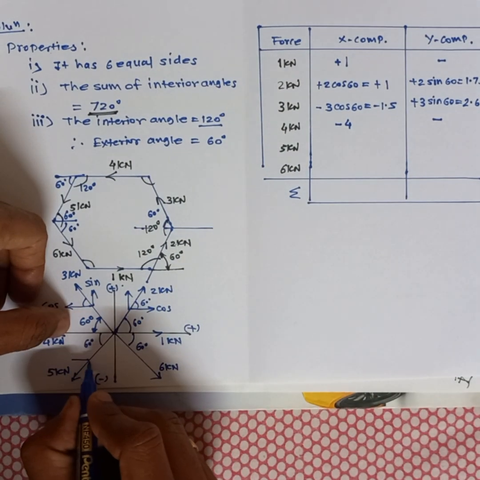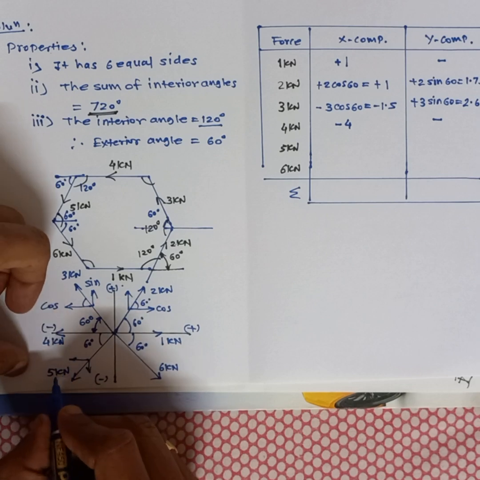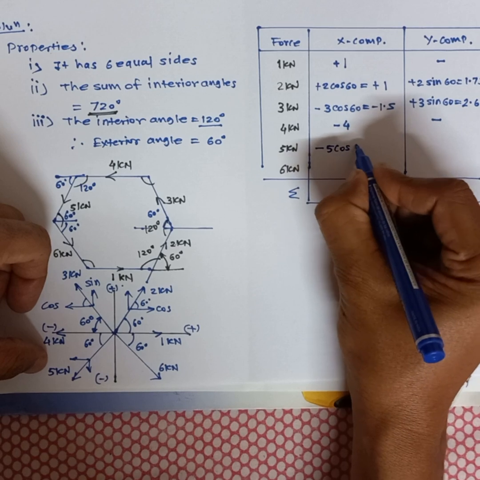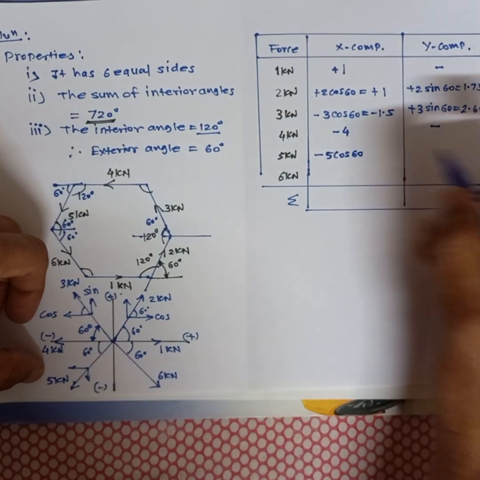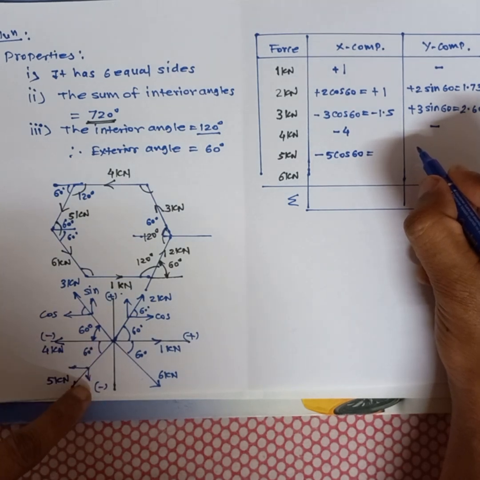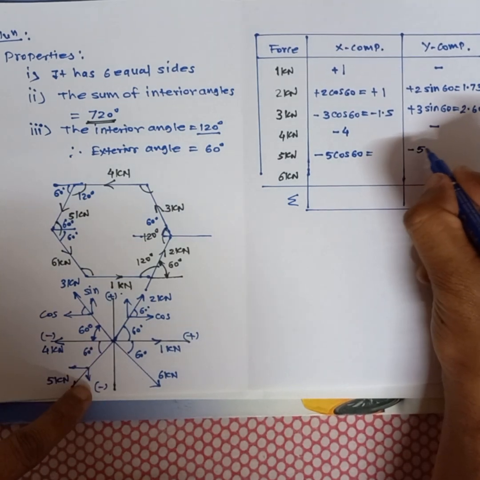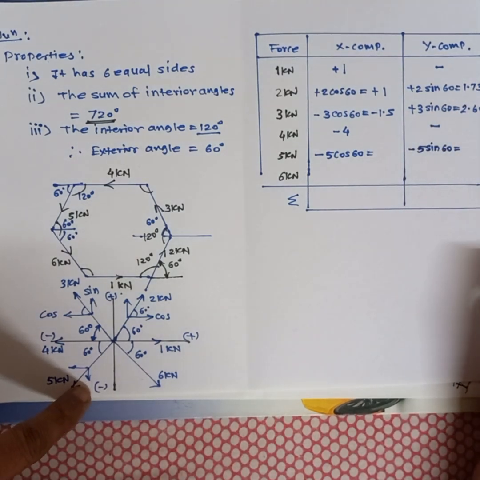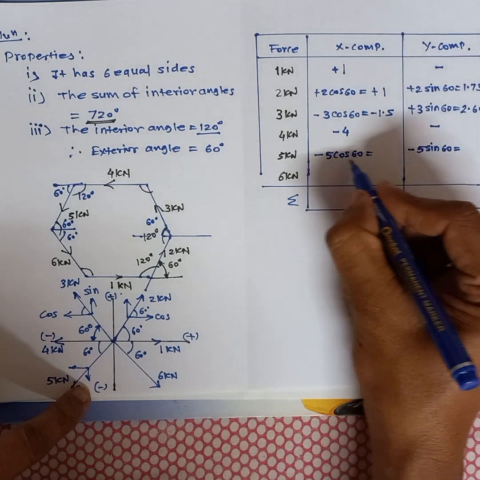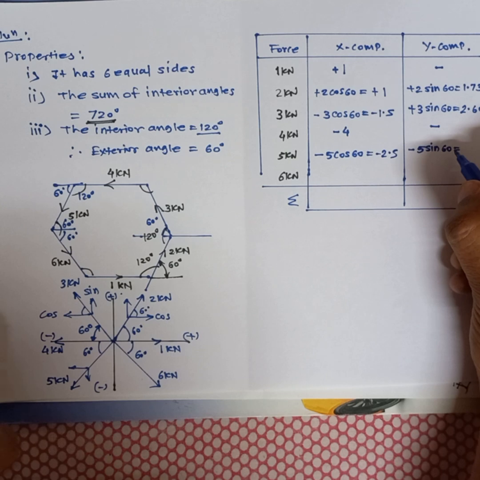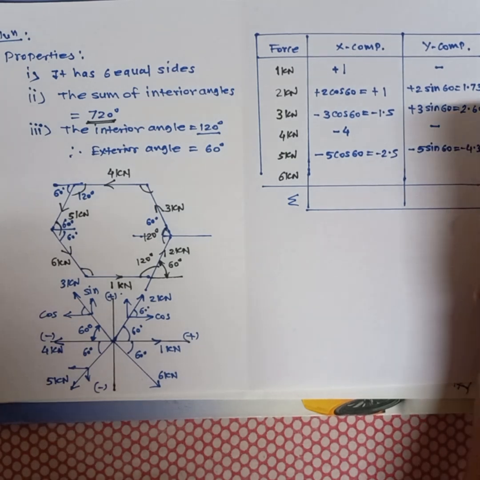So with horizontal I take cos component, so it is minus 5 cos 60. As it is in third quadrant, both components are minus, sine 60, right? So minus 5 cos 60 is minus 2.5, minus 5 sine 60 is minus 4.33.